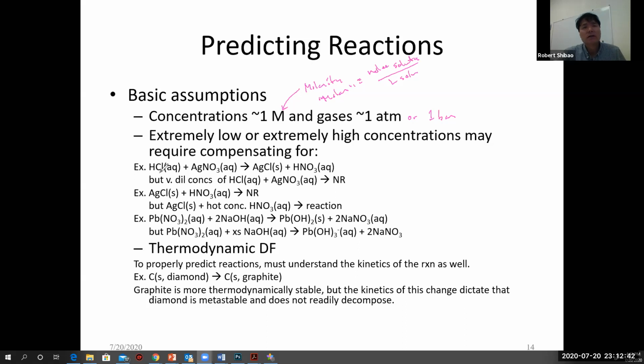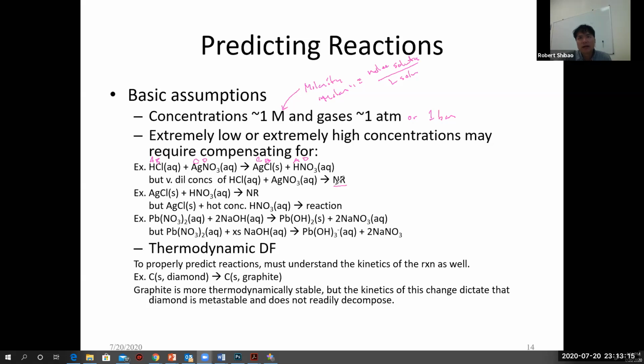Let's look at a reaction here. This is an example of what we call a double replacement reaction, HCl plus AgNO3. It has a pattern to it. It's an AB plus CD pattern. AB plus CD yields CB in this case and AD. That's what we have here. So we expect a reaction for this under normal conditions, but if the conditions are very dilute, we might not see anything.